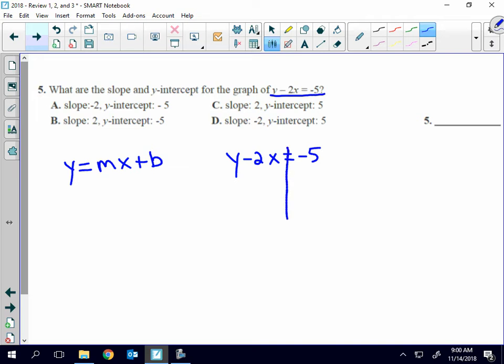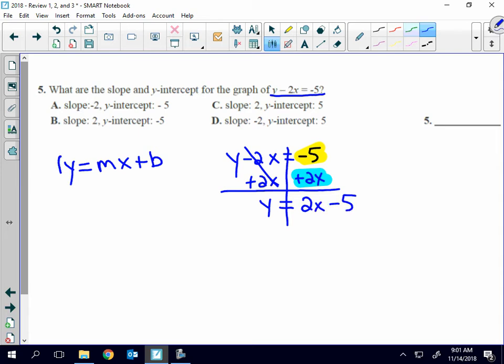Okay, I need to move the negative 2x, so I'm going to add 2x to both sides. By the way, these are not like terms here, right? Here we have a constant, and this is a variable. We cannot combine those. So while these cancel out over here and we're left with y equals, we're just going to write down both terms. I'm going to start with the x term, 2x, and then put the negative 5 there.